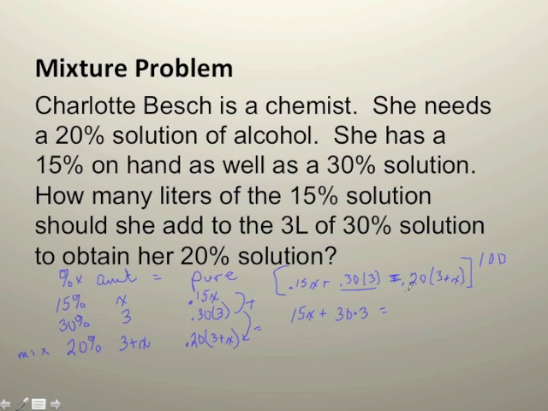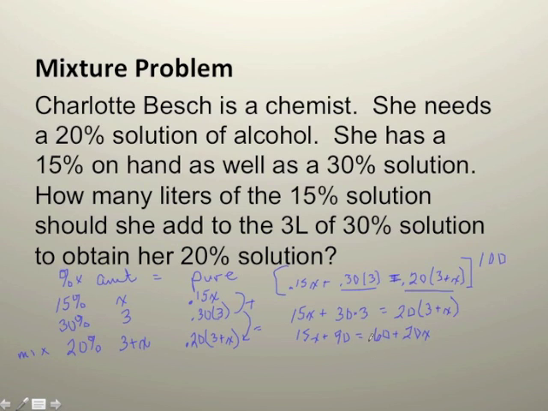And the same here. This is one term, so multiply the first part by 100, that will be 20, and we don't do it to the second part, only to the term once. So we end up with 15x plus 90 equals 60 plus 20x.